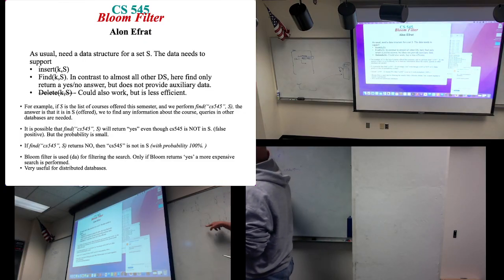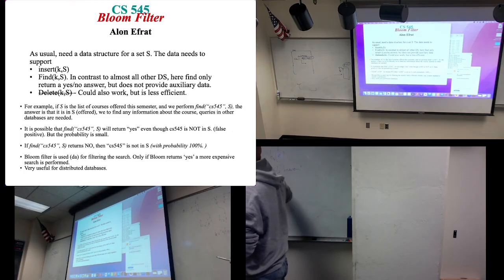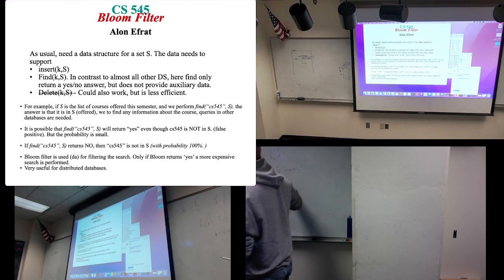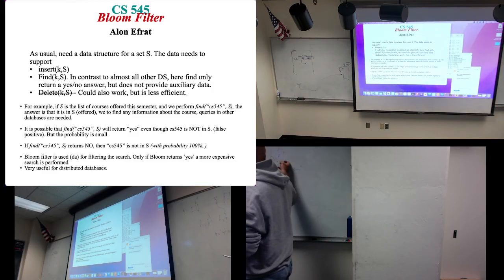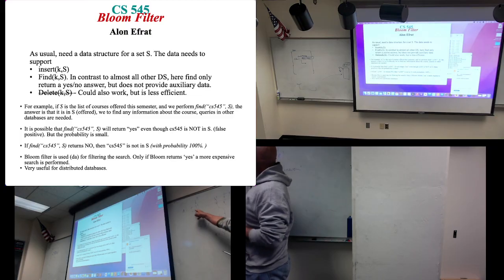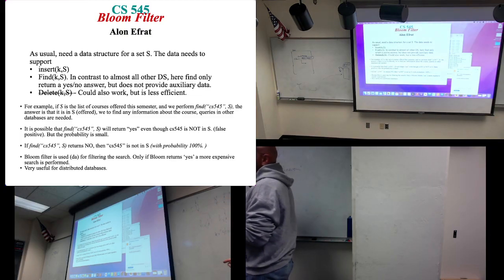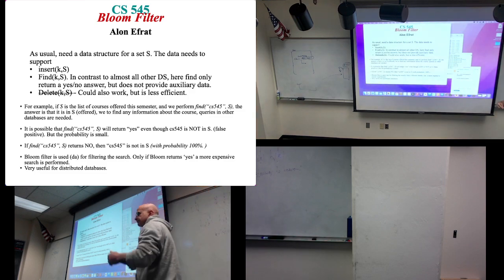How do I find if k, if stairway to heaven, is in my data structure? I'll compute the hash value according to the different hash functions. Each hash function just gives me an index, and I'm just going to check if all these ones are on.